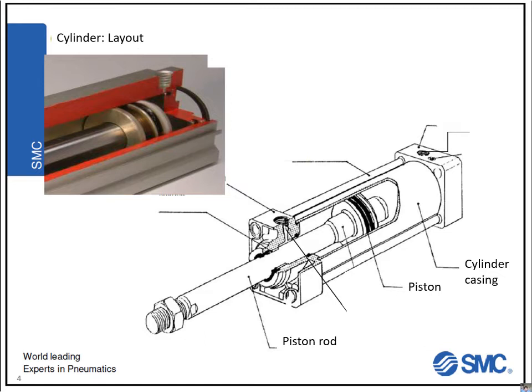The cylinder has a casing or a housing, and there are two ports, port A and port B, and these ports allow flow going in or out of the cylinder. You have one port on the head side of the cylinder and one port on the rod side of the cylinder.